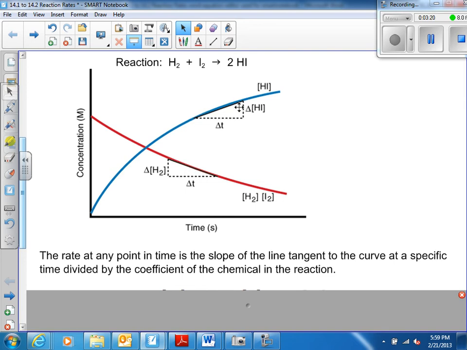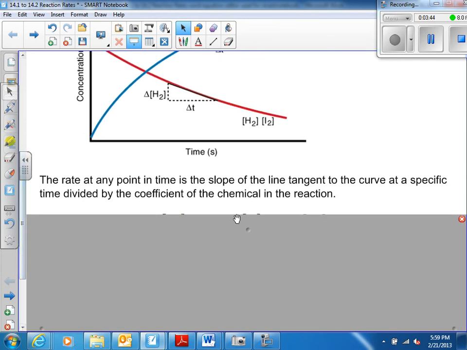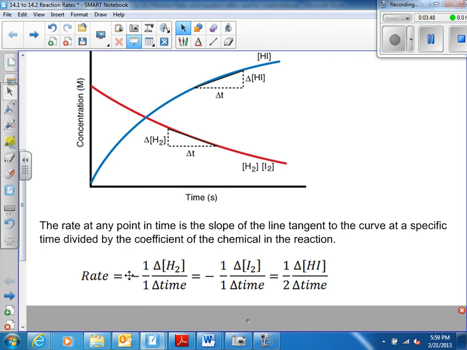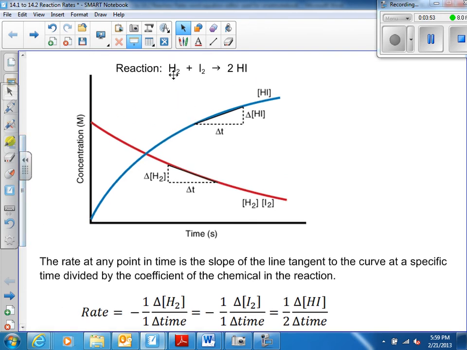Right over here, we're looking at the tangent line. Looks like they're looking at it right about here. It seems a little bit off there, but this would be the reaction rate at a different point in time. So this one would be at this time right here, and over here, this rate that is being measured would be at this time right here. So the rate is, we put a negative in front of reactants, and notice the stoichiometry here.